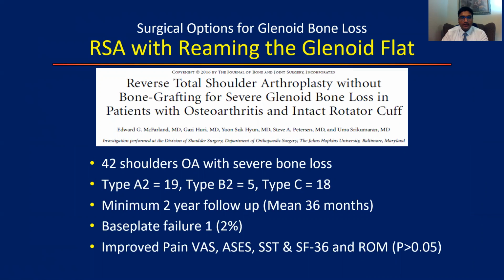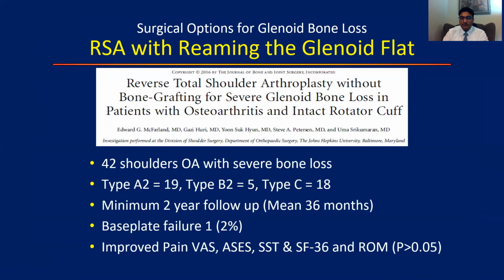McFarlane et al., published in 2016, looked at 42 patients who were treated with reverse shoulder arthroplasty with reaming of the glenoid flat. They had a mixed bunch of patients in terms of glenoid bone loss, with about half of the patients being type C, which is a severe type of glenoid bone loss.